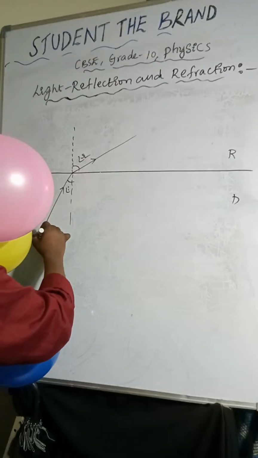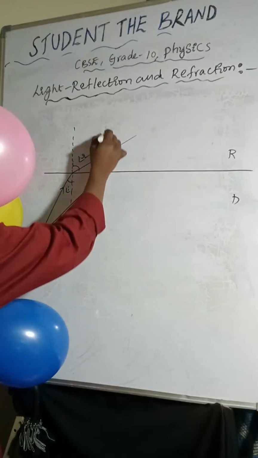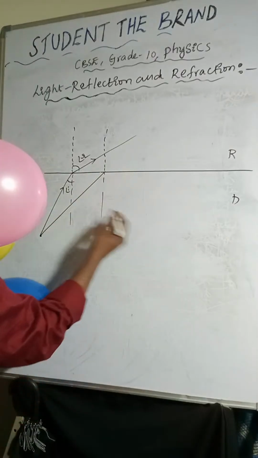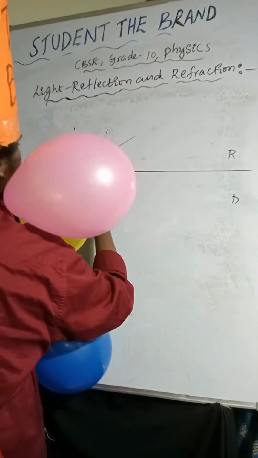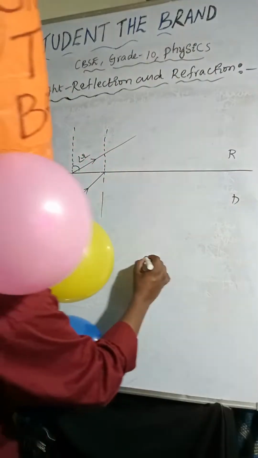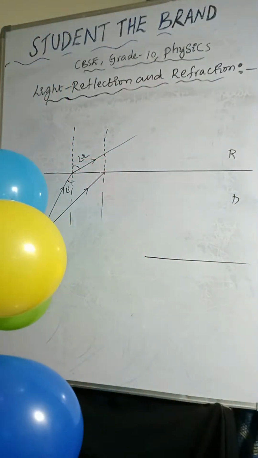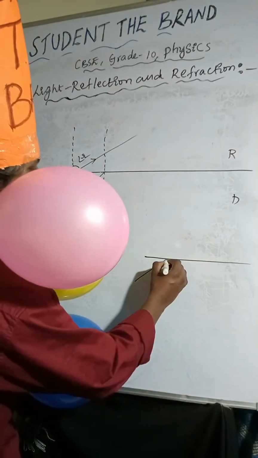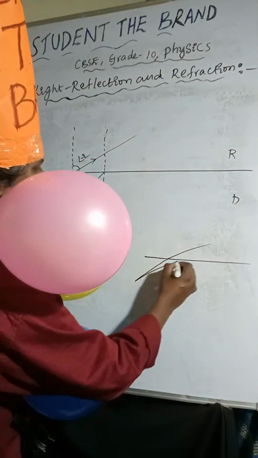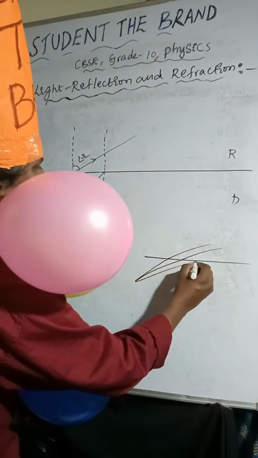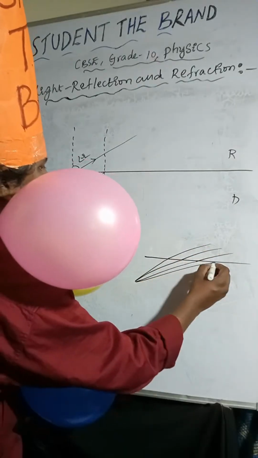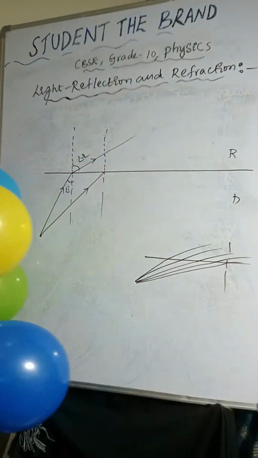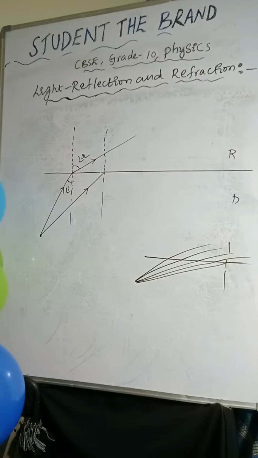So same light ray, if it is moving from denser to rarer at the point of interference. Normally, if you are taking this surface, you keep on sending the light ray.